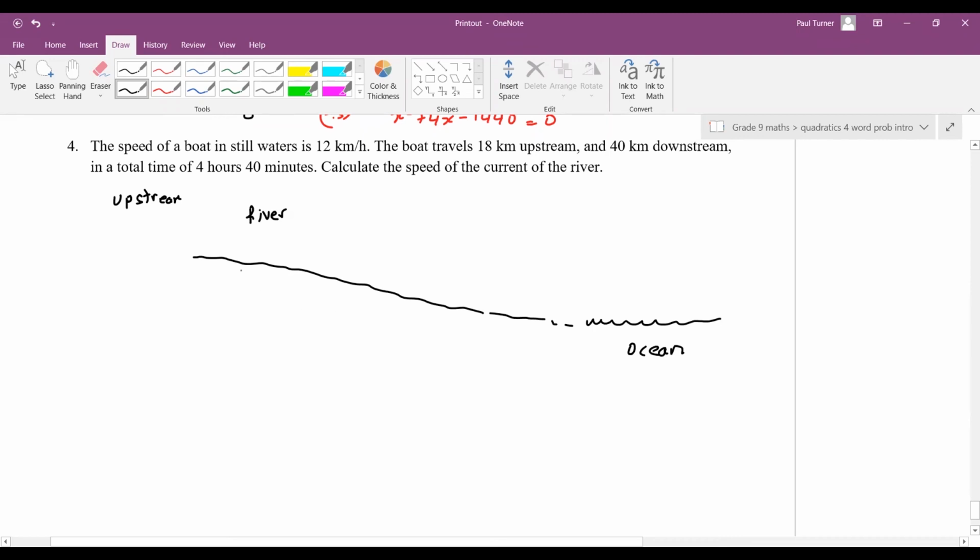And when you swim, imagine you go to the river now and swim in the river. And you swim down to the ocean. You're going to go really fast, aren't you? Because the water is all moving downstream at the moment because we've got lots of rain upstream in the river basin. So there's a lot of rain up here. So the water's moving down fairly quickly. So this is going downstream.